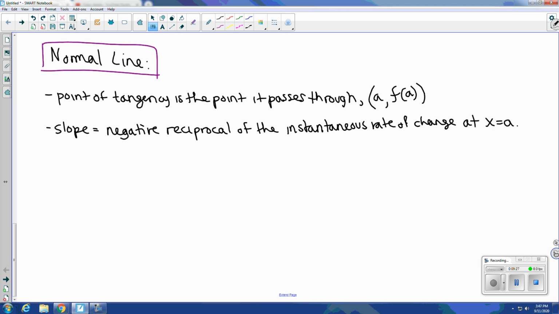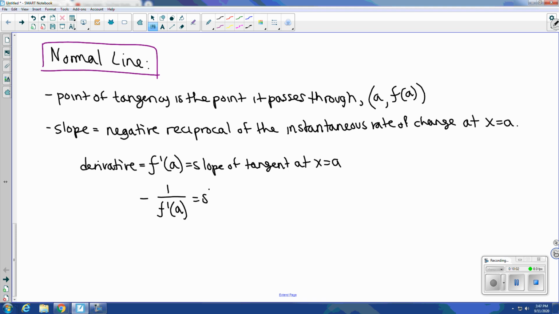We already said that instantaneous rate of change is the derivative. So let's write this a little differently. If the derivative is equal to f prime of a, which equals the slope of the tangent at x equals a, then the slope of the normal will be the negative reciprocal of that.